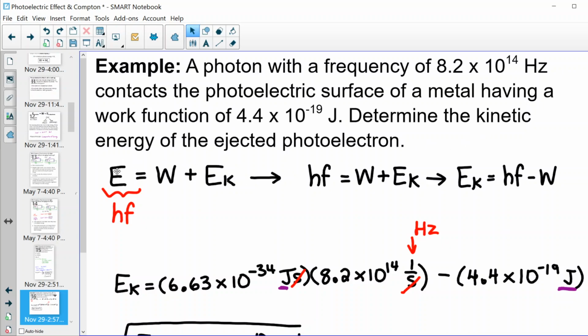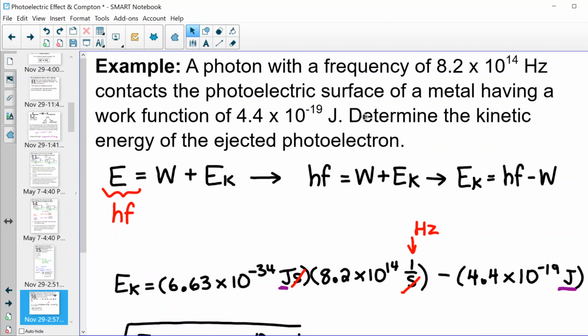So I started with the same formula, E equals W plus EK. Then I remembered that E is the same thing as hf, so I replaced E with hf, and then rearranged for kinetic energy. Now, you see Planck's constant, that's what h is, showing up here. So I have to make a decision. Do I use the version of Planck's constant that has joules in it, or the one with electron volts in it?